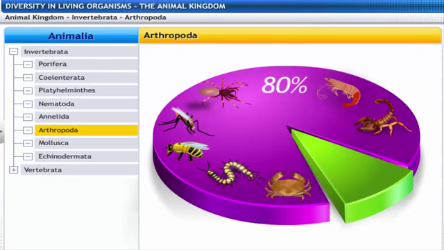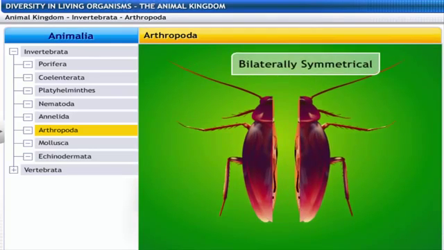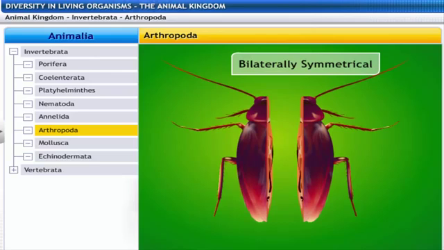Arthropoda is the largest phylum with 800,000 different kinds of insects. 80% of the animal kingdom is included within this phylum. Their bodies are bilaterally symmetrical and segmented.